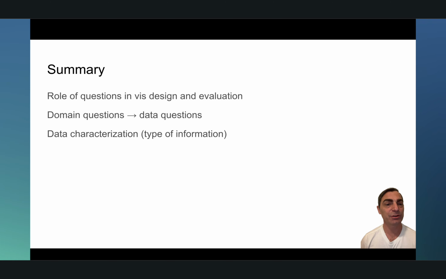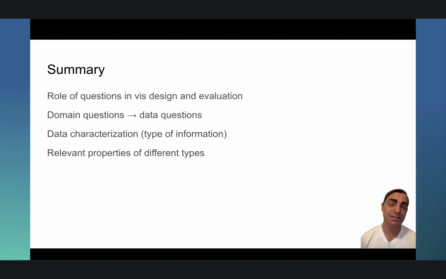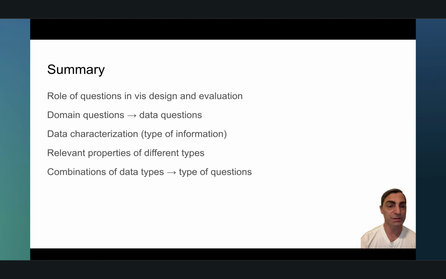The next one I covered is data characterization, or the type of information that can exist in a given data set. And then we covered the relevant properties of the different types that I covered. And I've been stressing quite a lot the idea that these properties have an implication or an effect in what kind of visual representations are available and possible, which is something that we will cover on a much deeper level later on in the course.